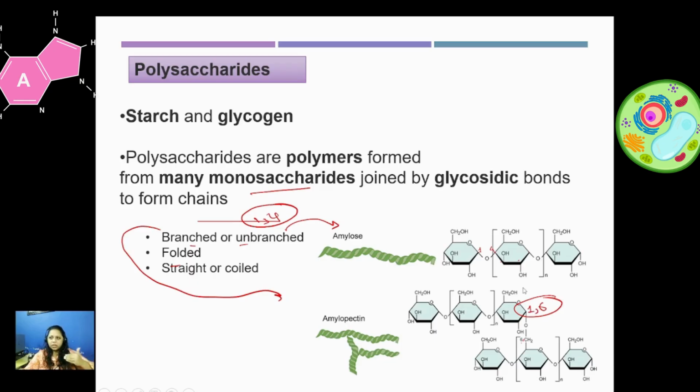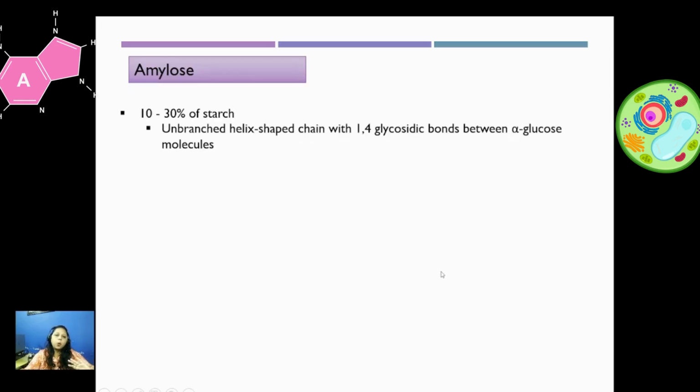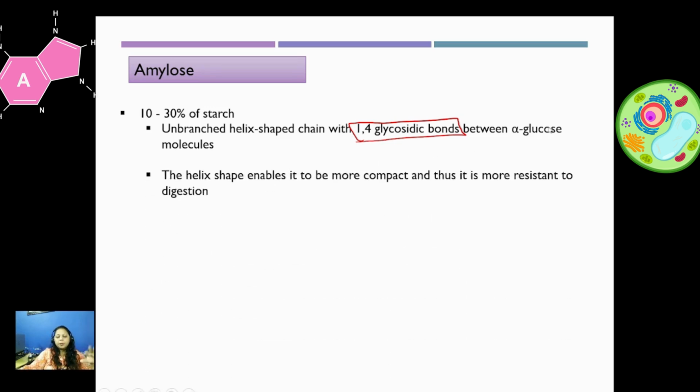Let's go into the detail of each one of these. What is amylose? Amylose is basically a helix shaped chain, and here we have a glycosidic bond formed between carbon number 1 and carbon number 4 of alpha glucose. The helix shape helps it to be more compact and resistant to digestion.